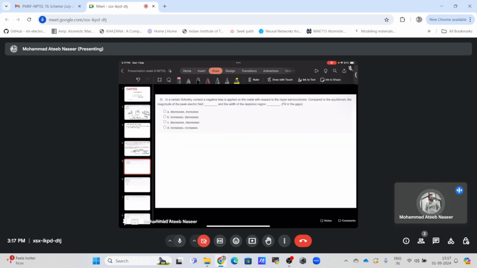Moving to another problem, which says that in a certain Schottky contact we have a negative bias applied. The negative bias is applied on the metal with respect to the n-type semiconductor.